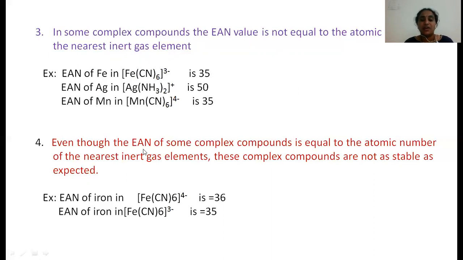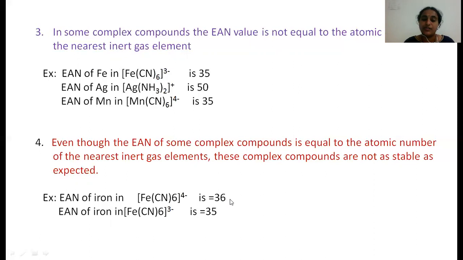And in some complexes, even though the EAN is equal to the inert gas atomic number, those complexes are not as stable as expected. For example, in this complex, the EAN of the central metal atom is 36.